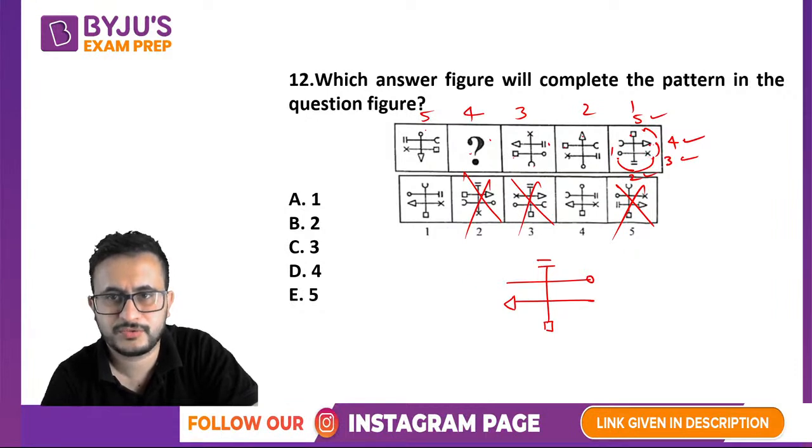So the cross is going from this to this, then it has moved to this position. So the cross is moving by two positions, right? 1, 2, 1, 2, 1, 2, 1, 2.